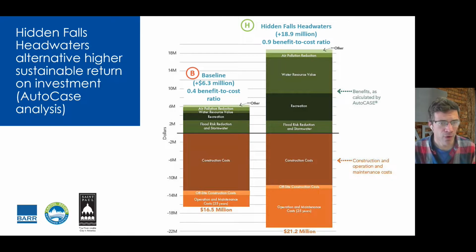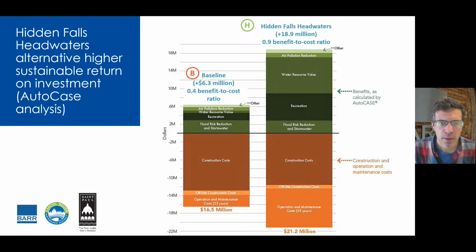We then took a sustainable return on investment approach, really trying to quantify the triple bottom line. This is a little harder to read, but you can see on the left is the baseline or site-by-site analysis, and the right is the district approach. Above the line, the green shows benefits, and costs are shown on the bottom. What we're showing is a cost to benefit ratio that's more than double by doing a district system.